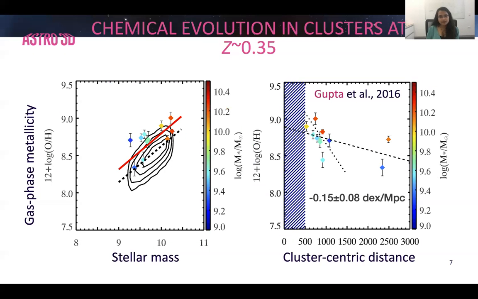This is one study that we did, where we targeted two clusters at redshift 0.35. There we looked at gas phase metallicity, and we found a significant increase in the gas phase metallicities of the cluster galaxies. The contours are the field environment, and you can see that all of our sample, which are these diamonds, lie above these contours.